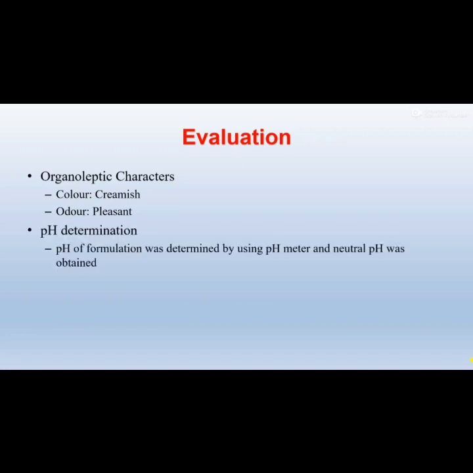Now we will discuss the evaluation parameters. Organoleptic characters were evaluated, that is color, creamish color was observed, and odor, pleasant odor was there. Then pH determination. So pH of the formulation was determined by using a pH meter, and neutral pH was obtained.